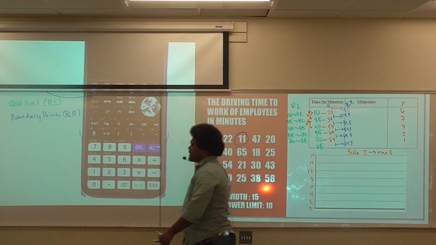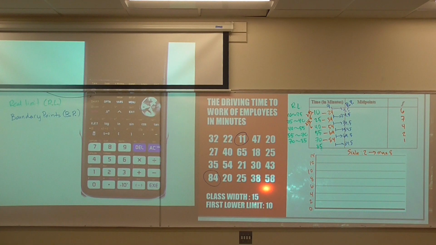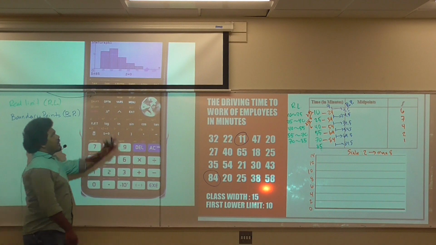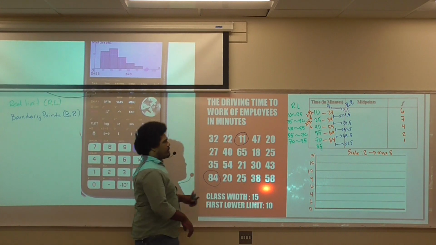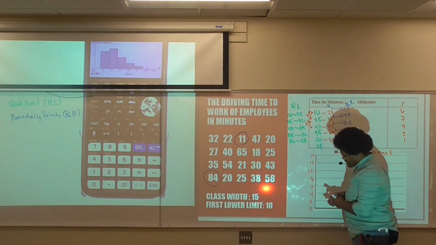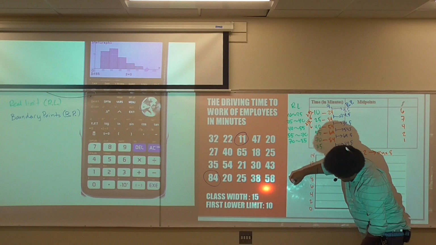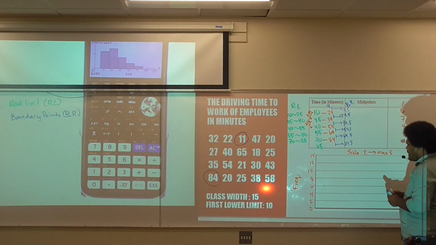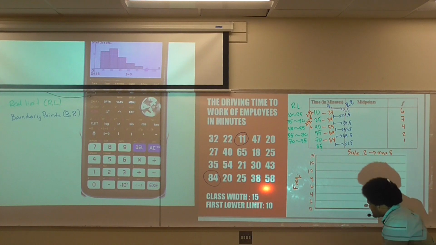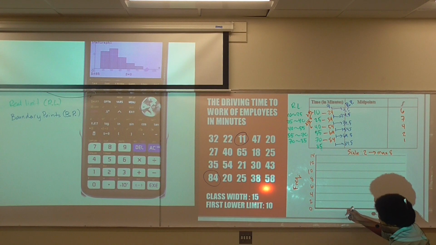So this y-axis right here is actually the frequency. So I'll put in frequency over here. And we know this x-axis right here was the variable measure. So we're looking at driving time.